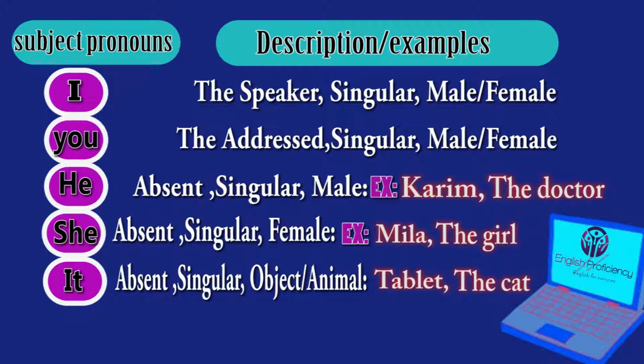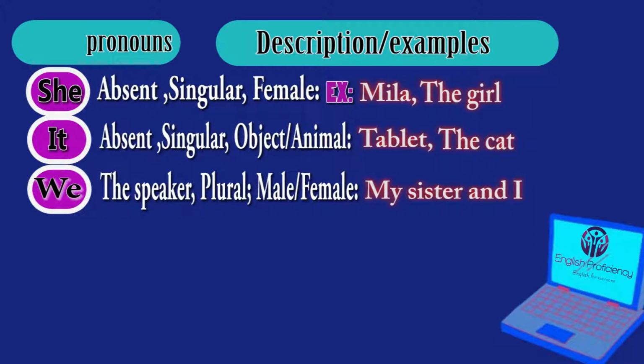It: absent, singular, object or animal. Examples: tablet, the cat. We: the speaker, plural, male or female.